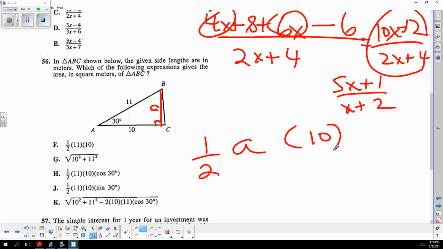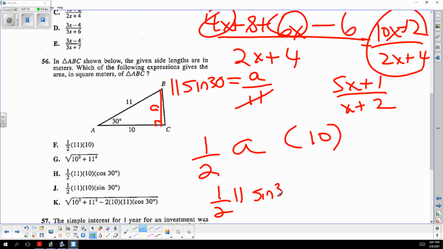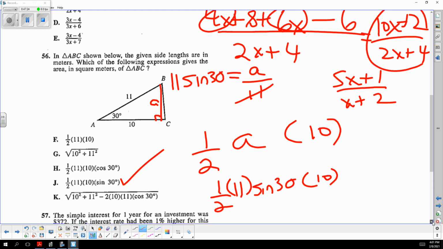So sine is the opposite over the hypotenuse. So the sine of 30 is A over 11. So A is 11 sine 30. So you have all this muck in here to get the answer. You got 11 and 10 and sine 30 and the 1/2. And the choice is this one.